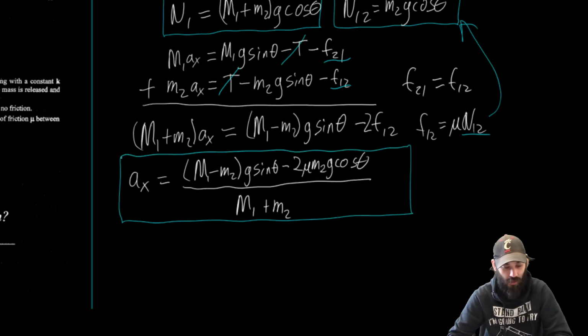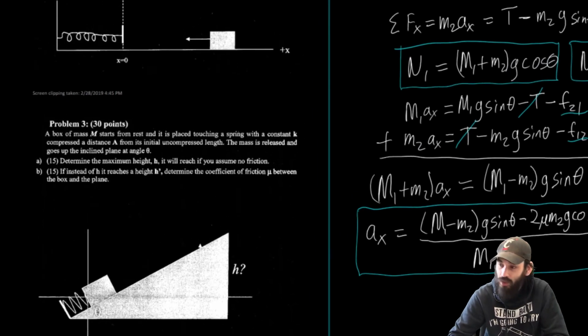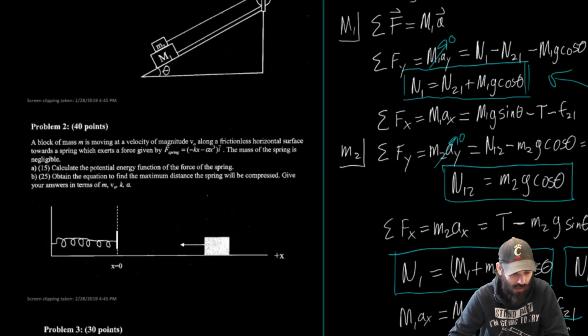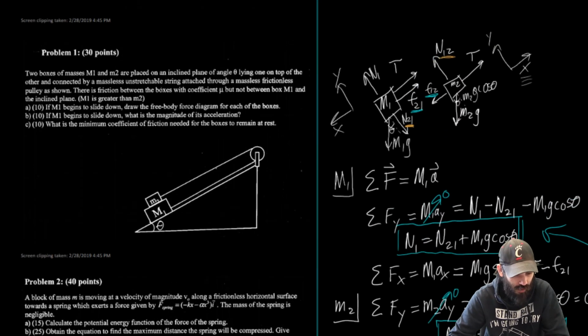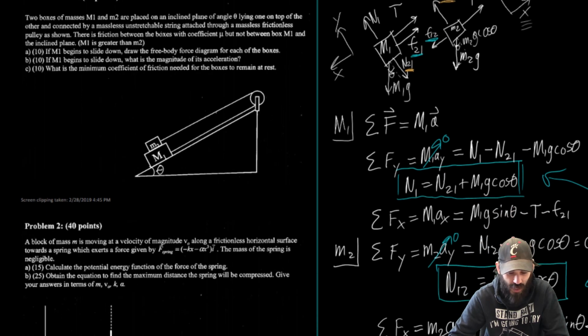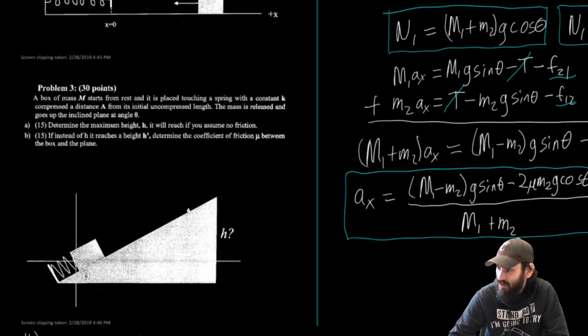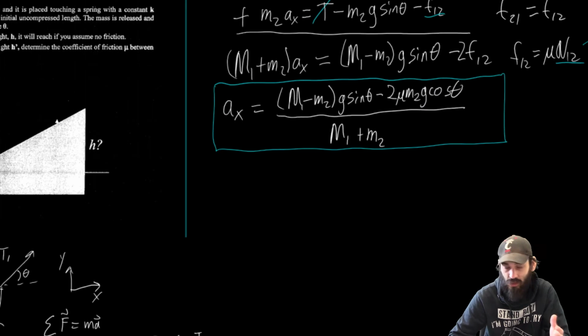Okay, now the last thing that we want to do is determine what the condition is for the coefficient of friction for these blocks to remain at rest. And so that's just to say that this acceleration, a sub x, is equal to 0.